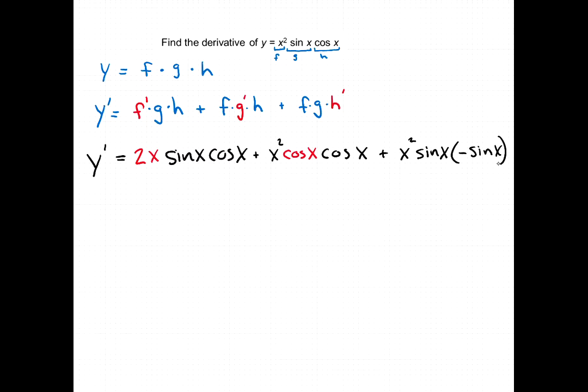Okay, so let's do some simplifying here. We have a double angle formula here, so we could condense this if you want. We'll recall this from trig: 2 times the sine of x times the cosine of x is equal to the sine of 2x.